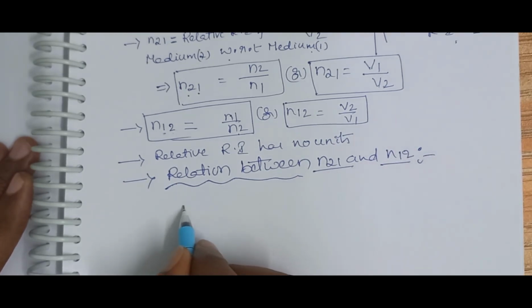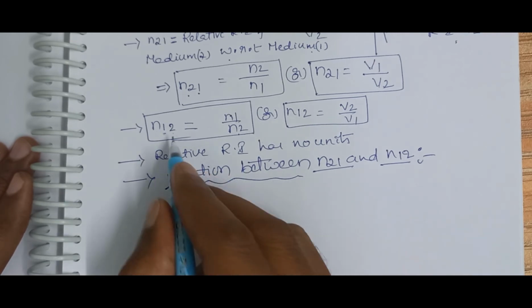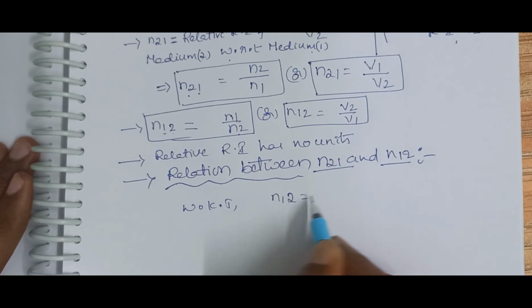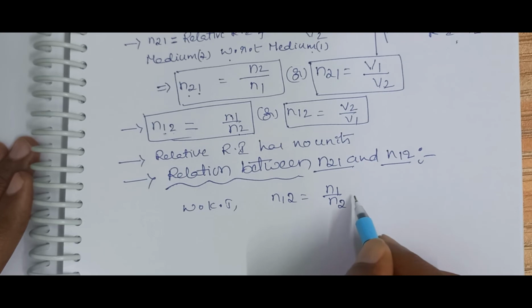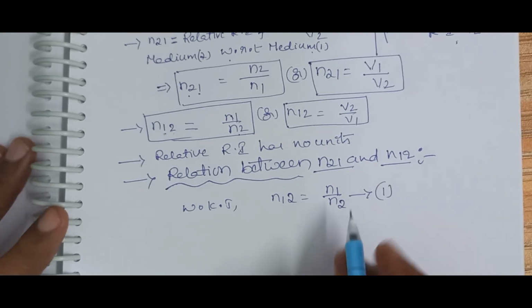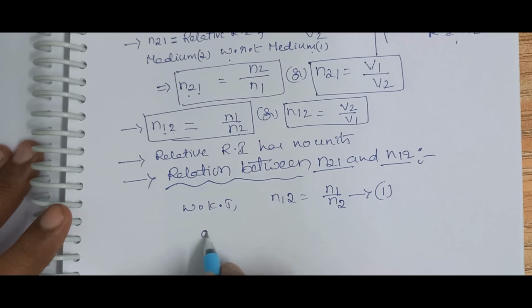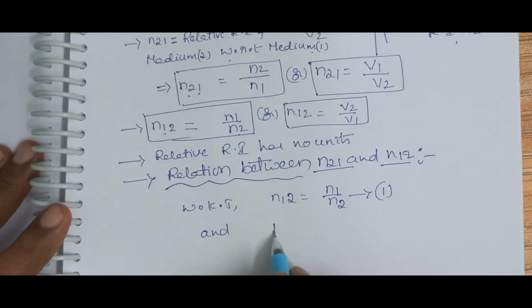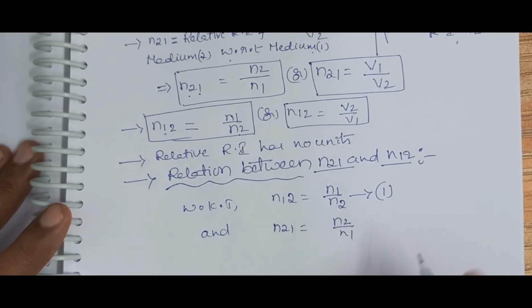We know that n12 is equal to n1 by n2. It is equation 1. And n21 is equal to n2 by n1.